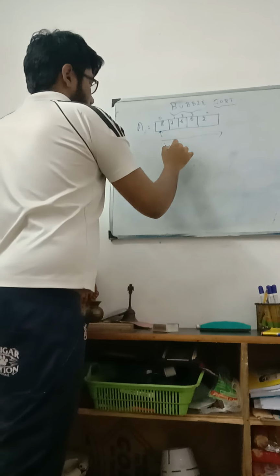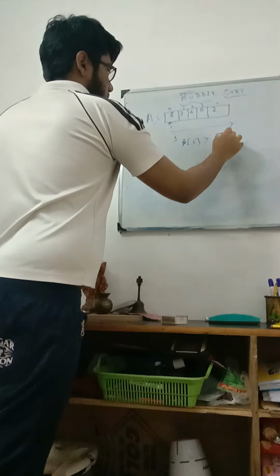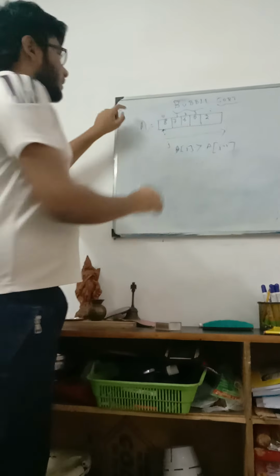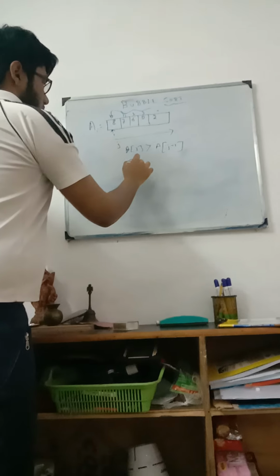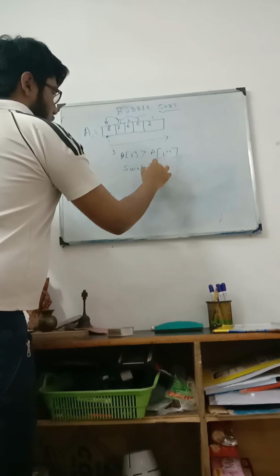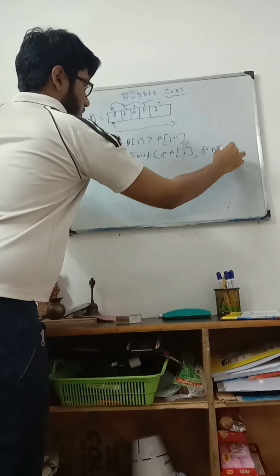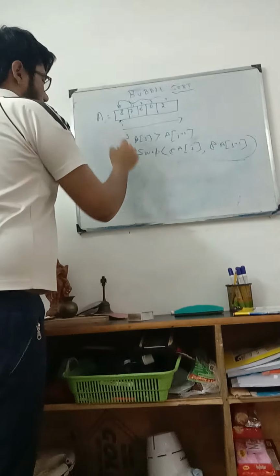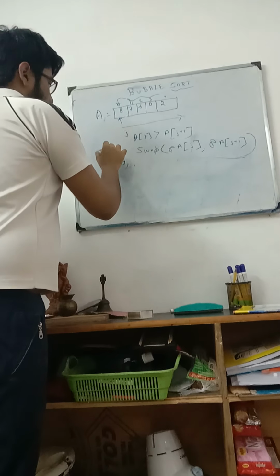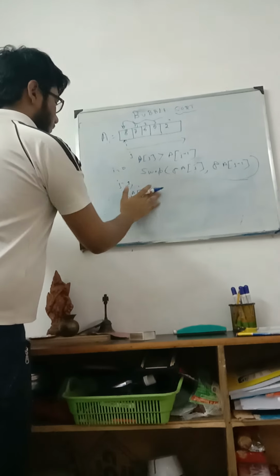So if A of j is greater than A of j plus 1, then we interchange the values. We swap A of j with A of j plus 1. Then after each iteration it follows the same process. When j is equal to 1, I is still 0. Now let's understand the working.